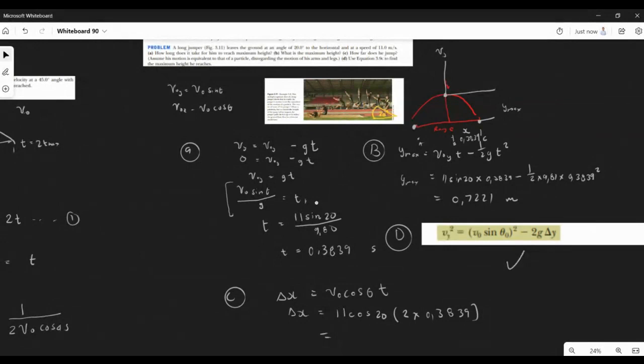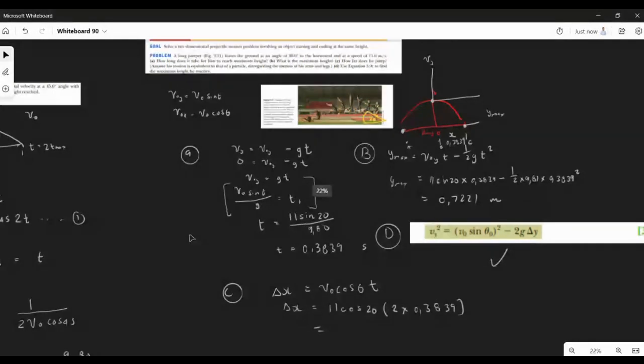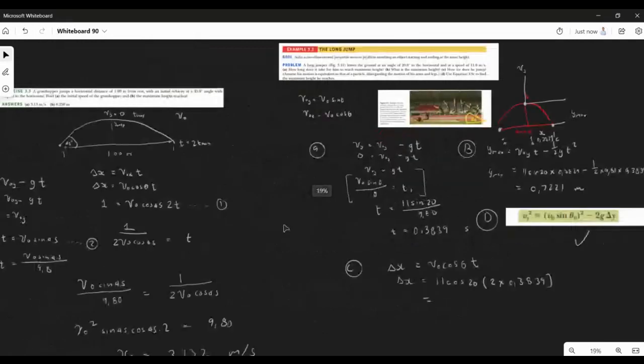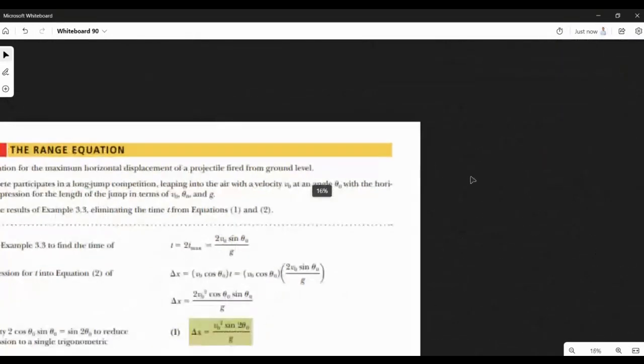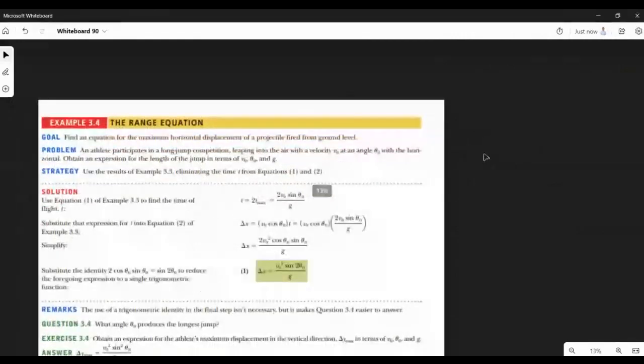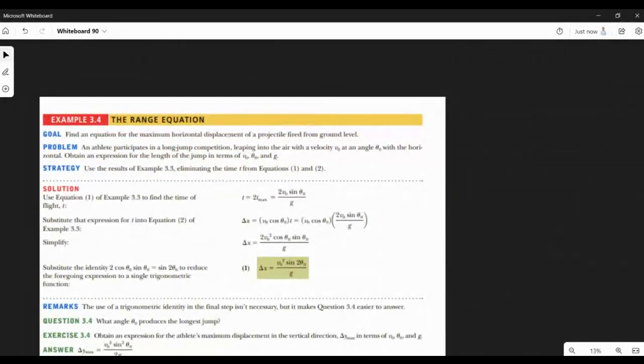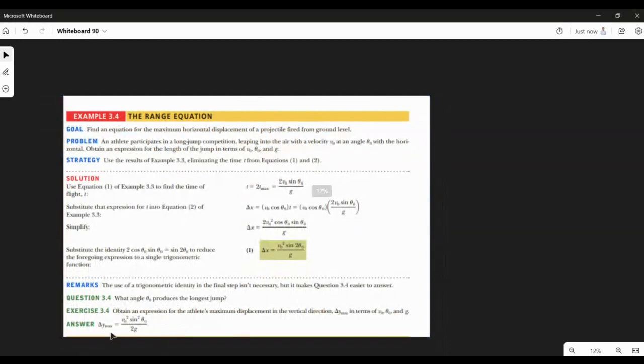T max was the time taken to reach the maximum height. We are looking for 3 things: the maximum horizontal displacement, which is called the range; the equation for the maximum vertical displacement, the height; and obviously the time.